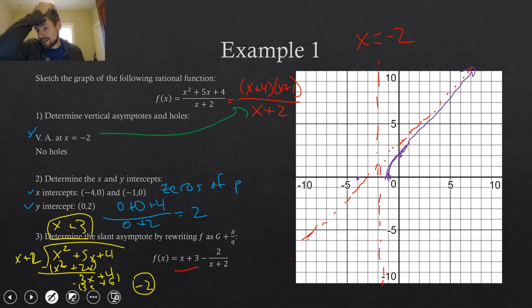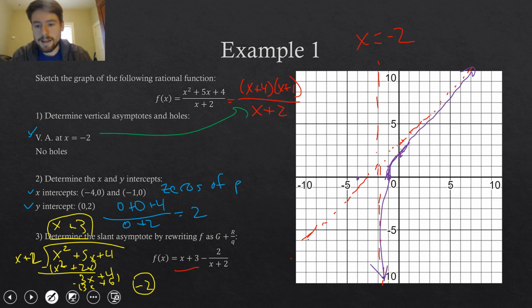We could do sign analysis and check on either side of that asymptote, negative 2. I'll do that to be doubly certain that it does in fact go down. I'm like 99% certain it goes down like this. Let's just do that so that we can make sure for ourselves.